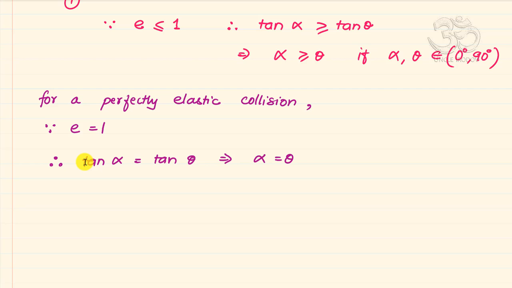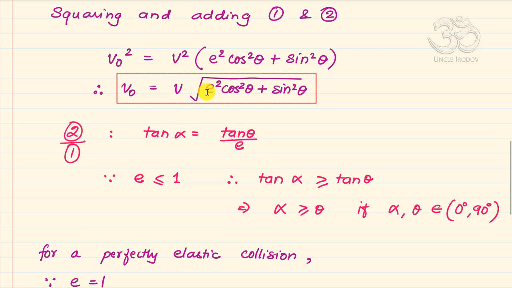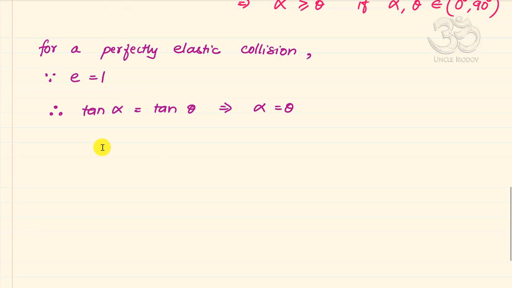So angle of incidence is equal to angle of reflection. That's number 1. And when you insert the value of E equal to 1 in the speed equation, you will get cos square theta plus sine square theta, which is a 1. So V naught will be equal to V. So the usual laws of reflection that we know, they work only for a perfectly elastic collision, otherwise not. So this is how you should deal with a case of a ball hitting a wall.